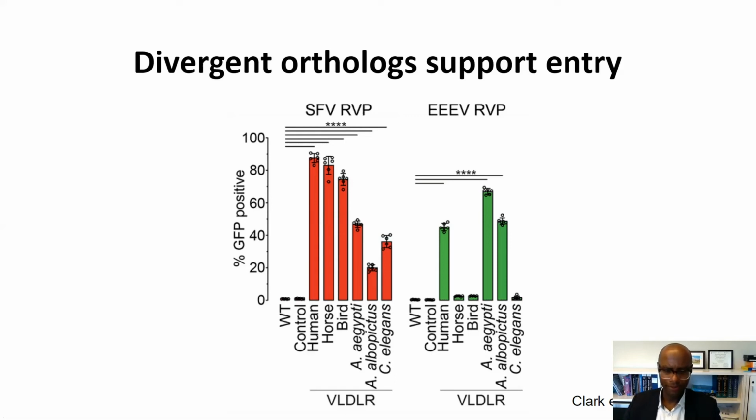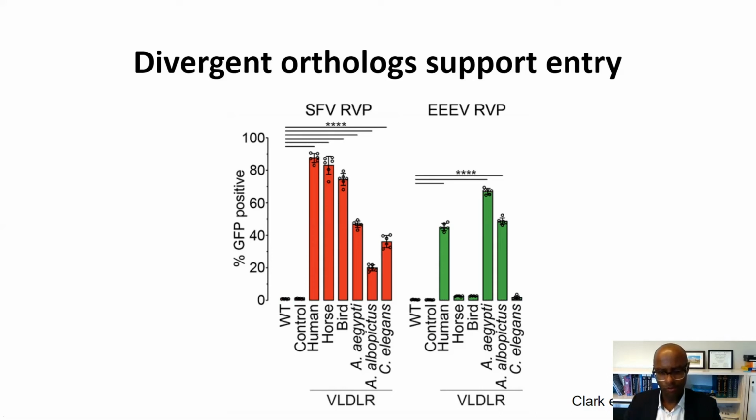I'm showing you the percent of GFP positive cells when cells overexpress human, horse, bird, Aedes aegypti or Aedes albopictus, two mosquito species, VLDLR, or even something like C. elegans, which initially was supposed to be our negative control because we thought the VLDLR ortholog from worm would be divergent enough from humans that perhaps it wouldn't work as a receptor.